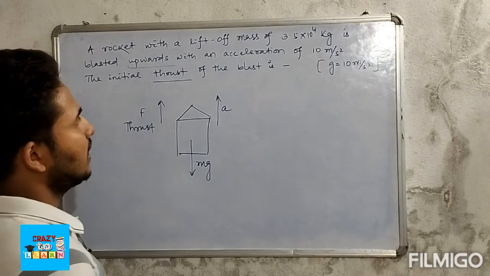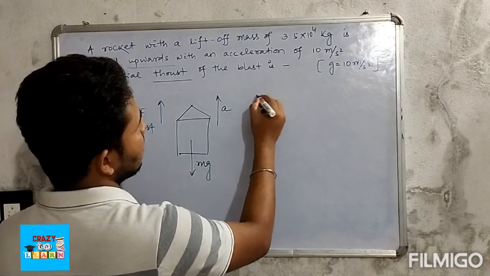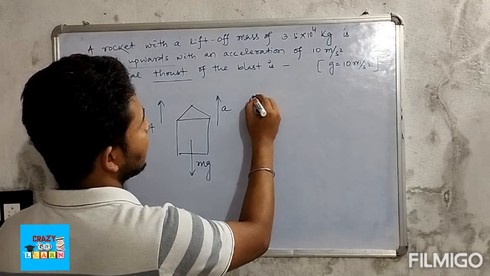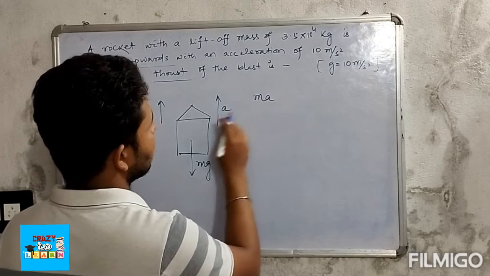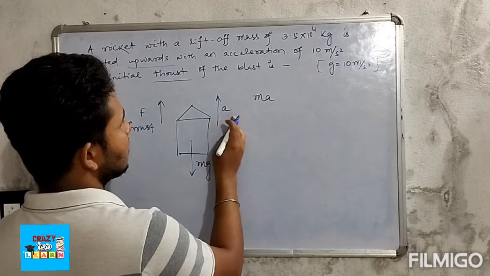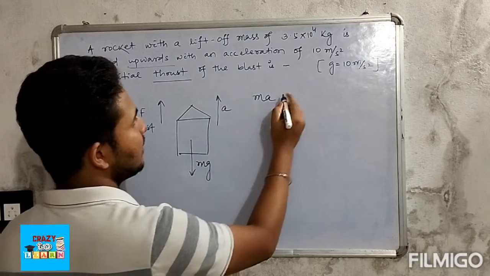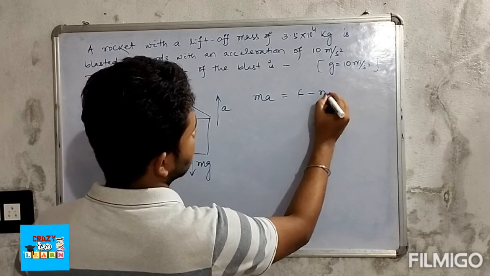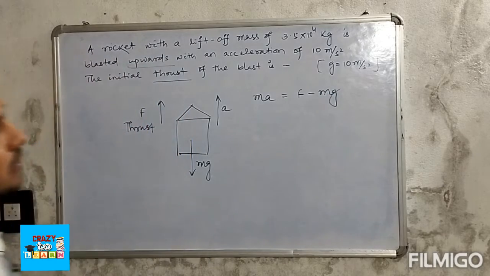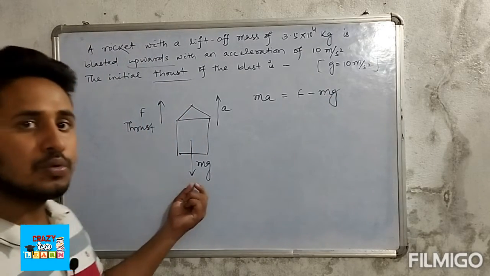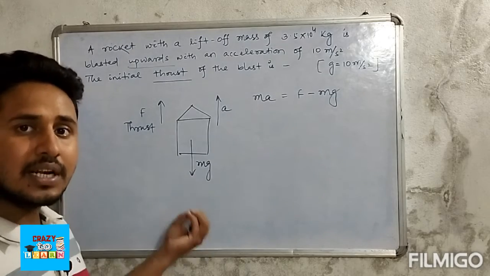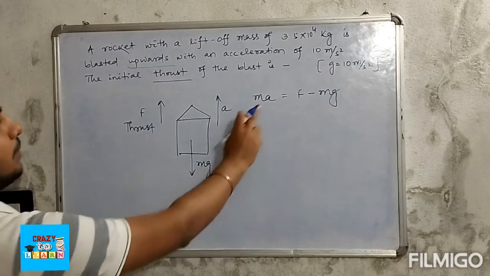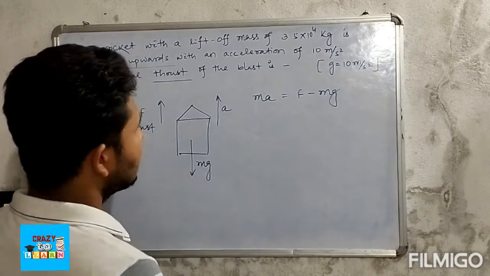So we can write the equation like this: due to the acceleration, the force is mass into acceleration, ma, equal to the force minus the opposing force due to gravitational attraction. So ma is equal to F minus mg.